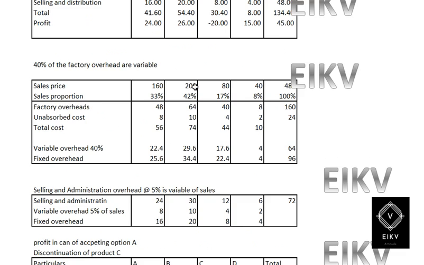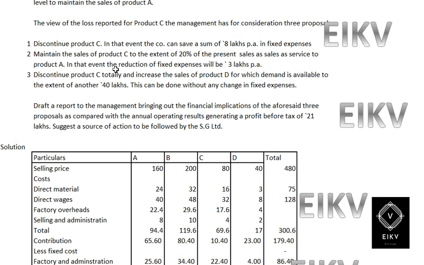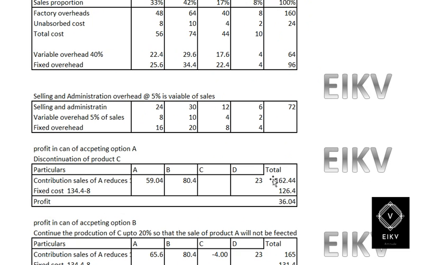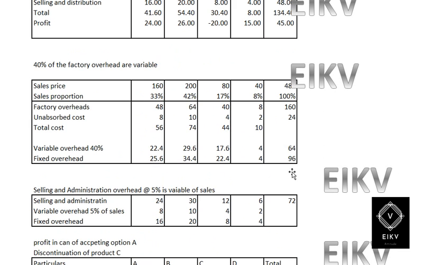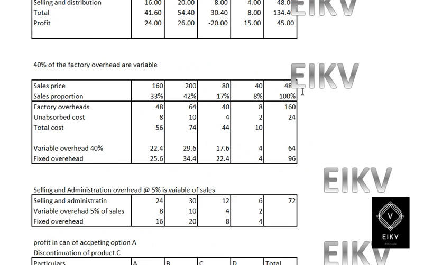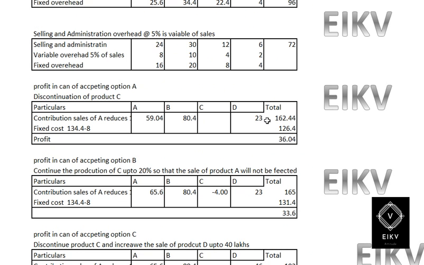The fixed cost will be reduced by 8 lakh, right? Yes, 8 lakh fixed cost will be reduced. So the total fixed cost is 134 and it will be reduced to 126.4.